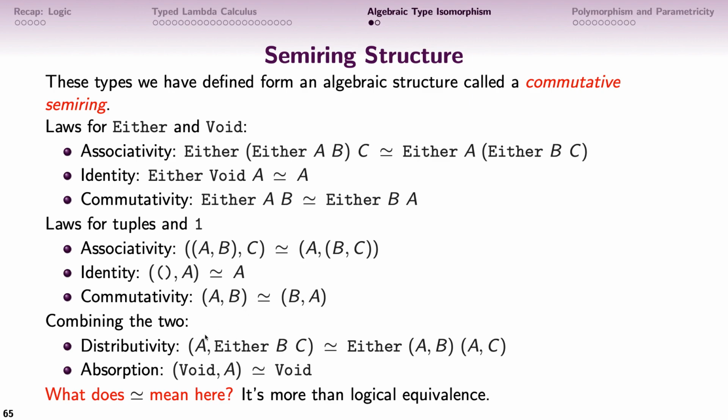And then we can distribute multiplication over addition: a times (b plus c) is a times b plus a times c. And 0 times a is 0, right? So the coolest thing here is that the reasoning that we're doing about types is actually just the same as arithmetic. There's nothing different. And that's what we mean by commutative semiring.